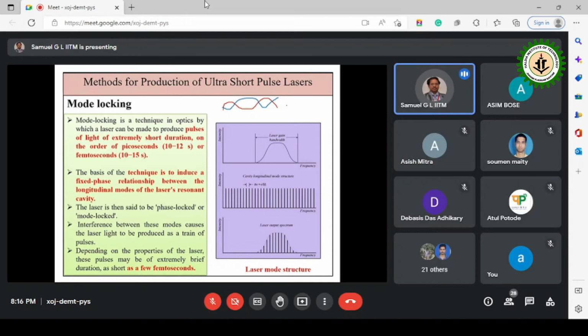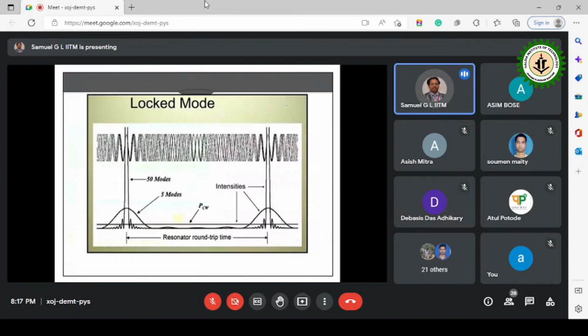Similar to that kind of a concept, we don't give this laser light completely out of phase, but we give them with a particular phase difference. In that case, during some period there will be a complete darkness, and during some period we find that there will be waves with a high peak.